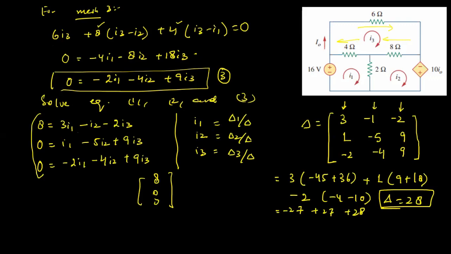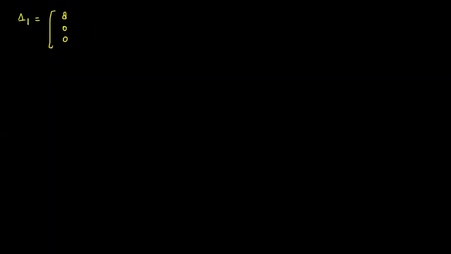So let us find delta 1 first of all. What I said, you have to replace the first column with 800 and the rest of the matrix has to be the same. So minus 1, then minus 5, then minus 4, then minus 2 and 9 and 9.